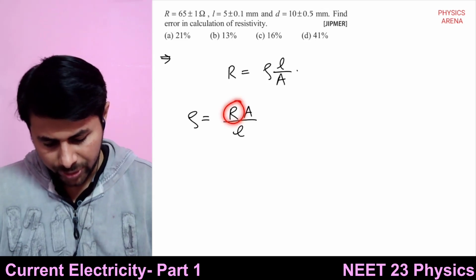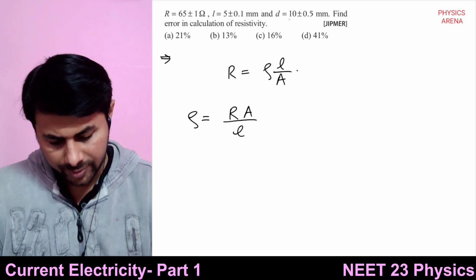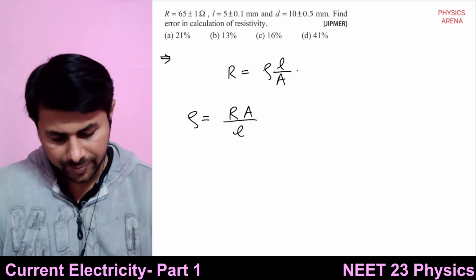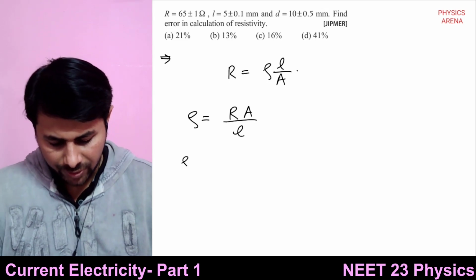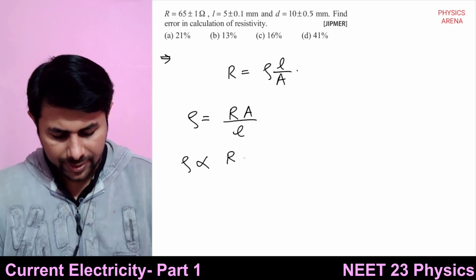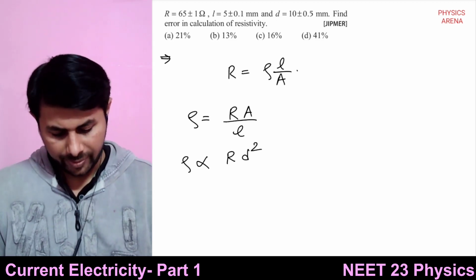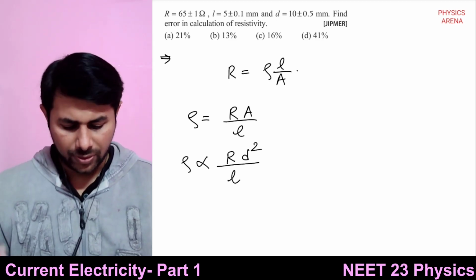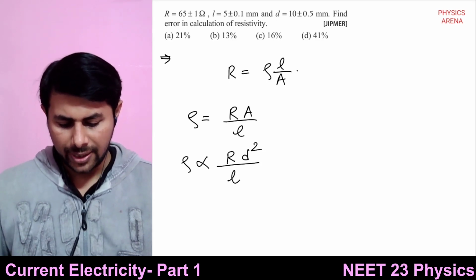So it's directly proportional to R, directly proportional to area. Area is directly proportional to diameter square. So we have rho proportional to R d square upon L, and we want the error in calculation of resistivity.